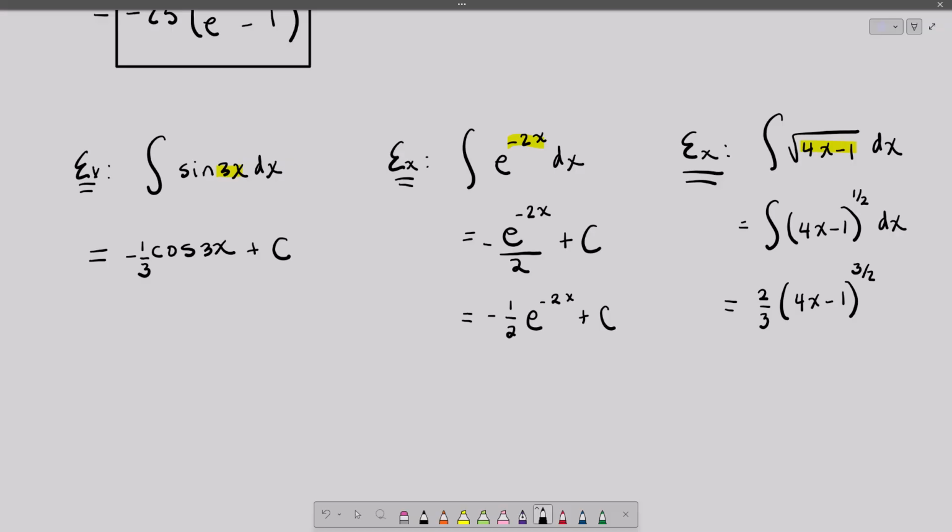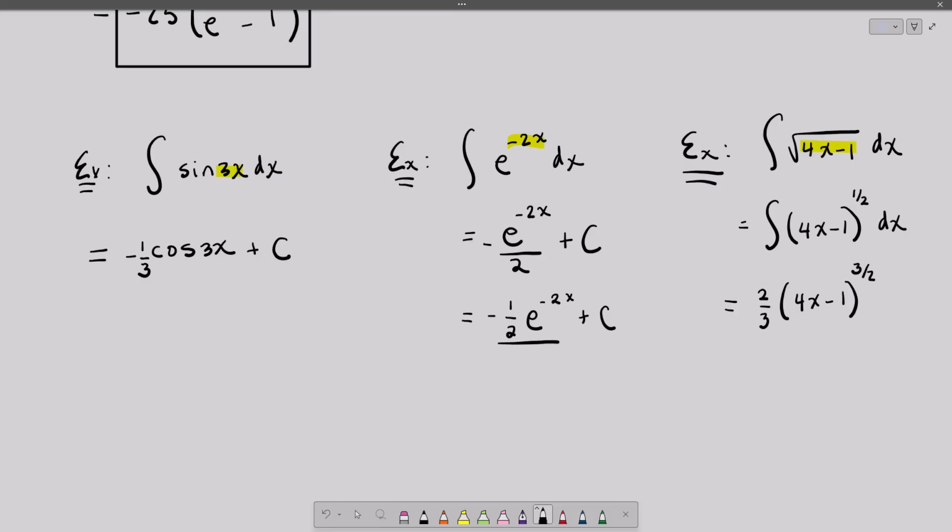If you're integrating x squared, you get x cubed divided by 3. So same thing here. Add 1, divide. But then we look to the inside, and the inside has a derivative of 4. If we were differentiating, we would multiply by that 4. But we are integrating, so we divide by that 4.